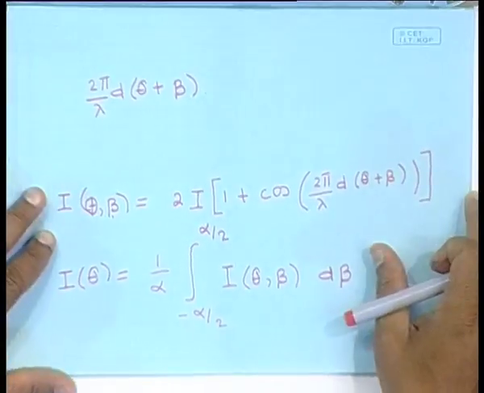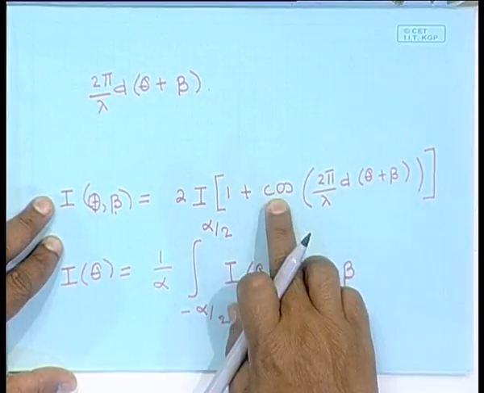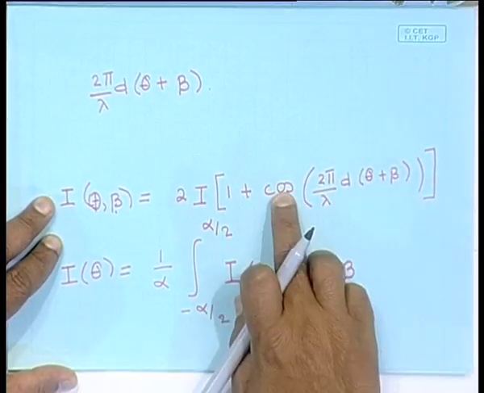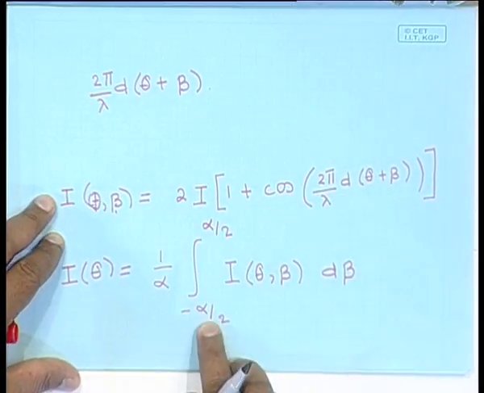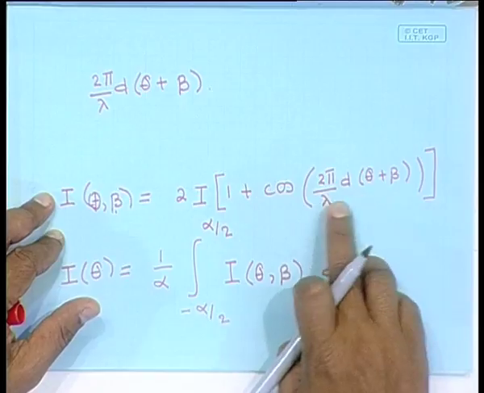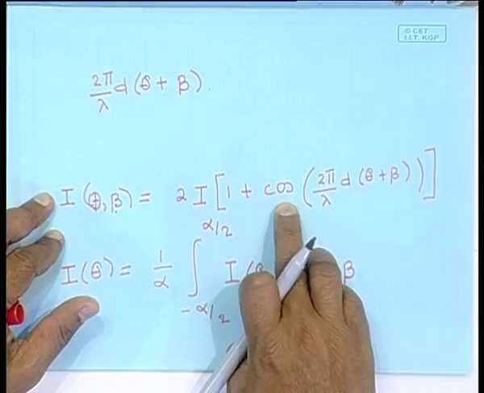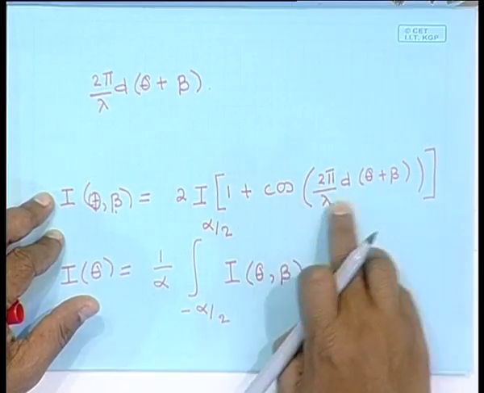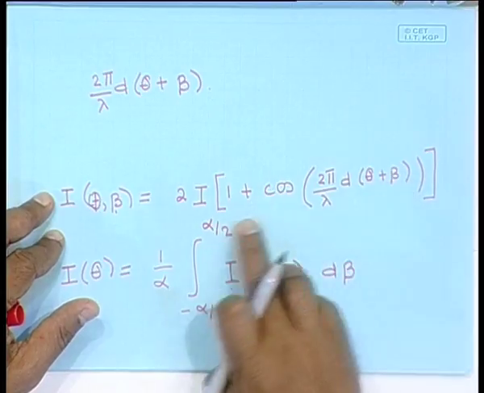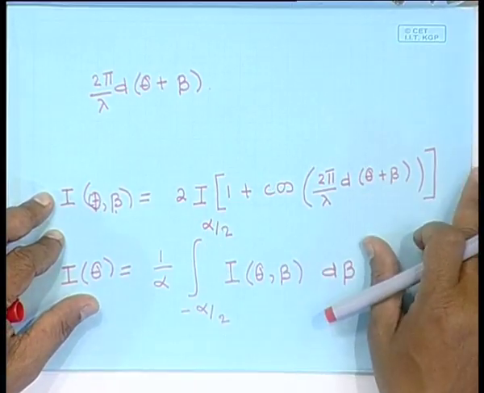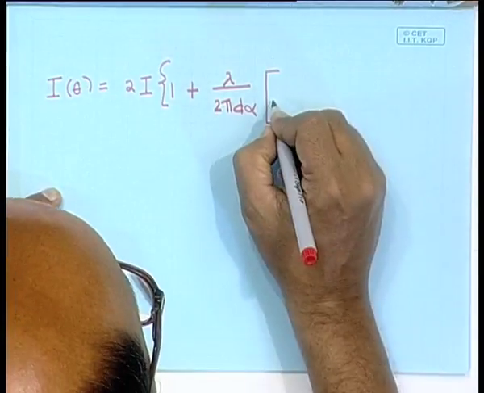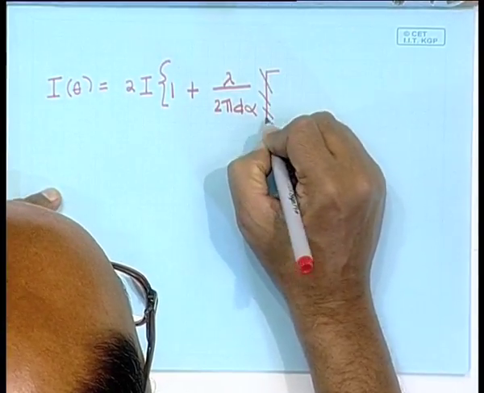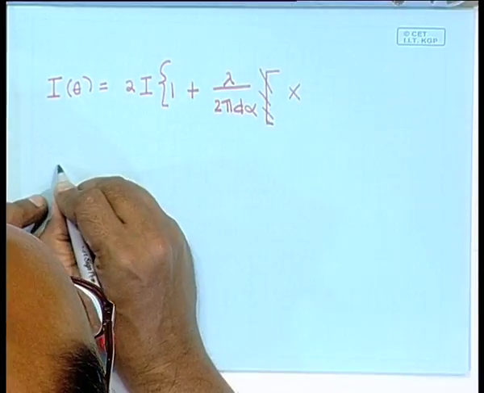I now have to take the integral of this and evaluate it at the end points. So, the integral over here is going to be sine 2 pi d by lambda theta plus beta, and beta will take on the values of the end points. So, let me put that over here.